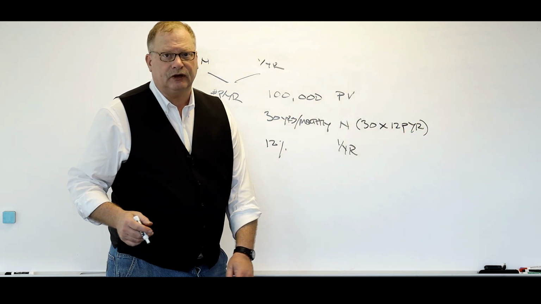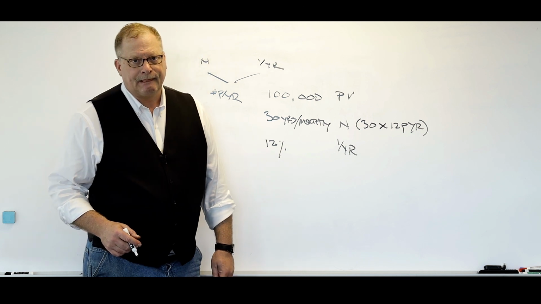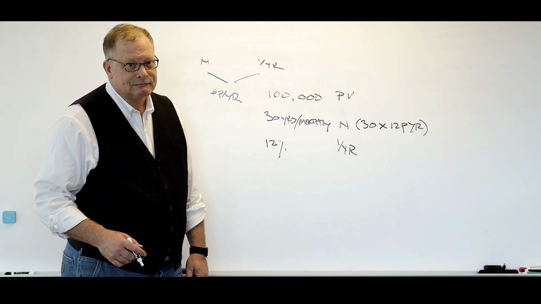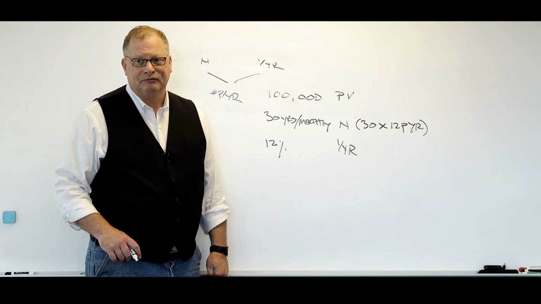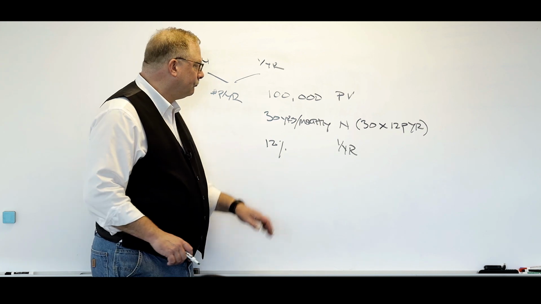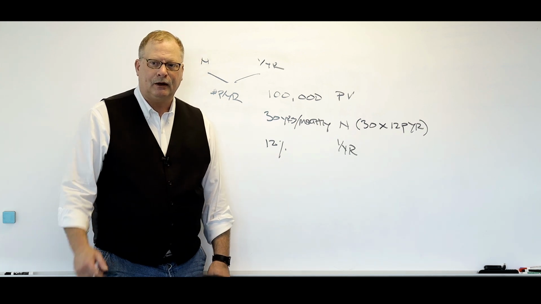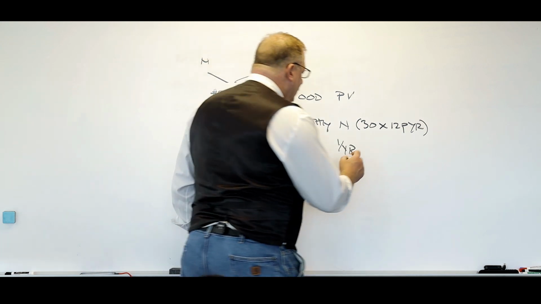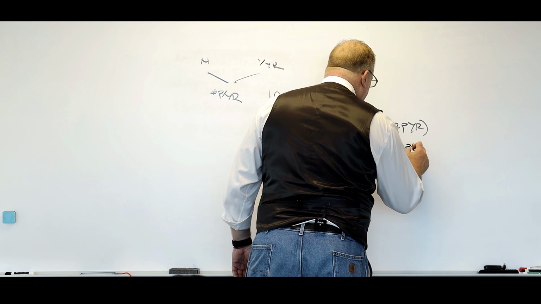Then the follow-up question is, what would be your interest rate per payment? You have a 50% chance of getting it right. If your interest rate is 12% per year, what's your interest rate per payment? 12%. 1. Or 12 divided by 12 payments per year.